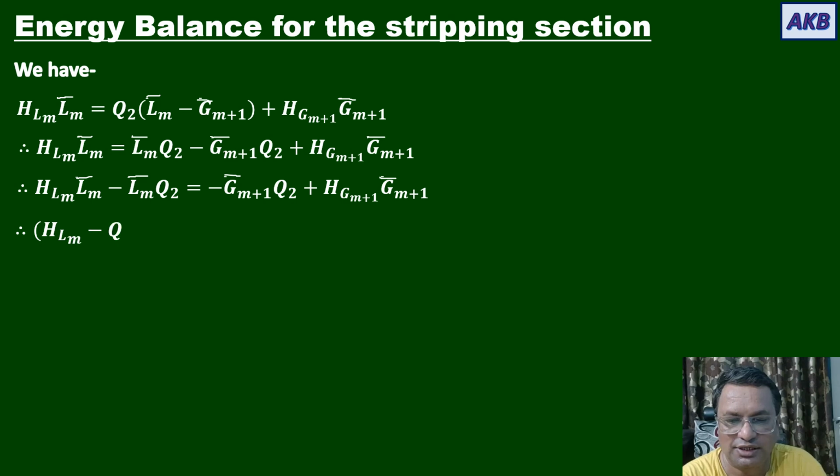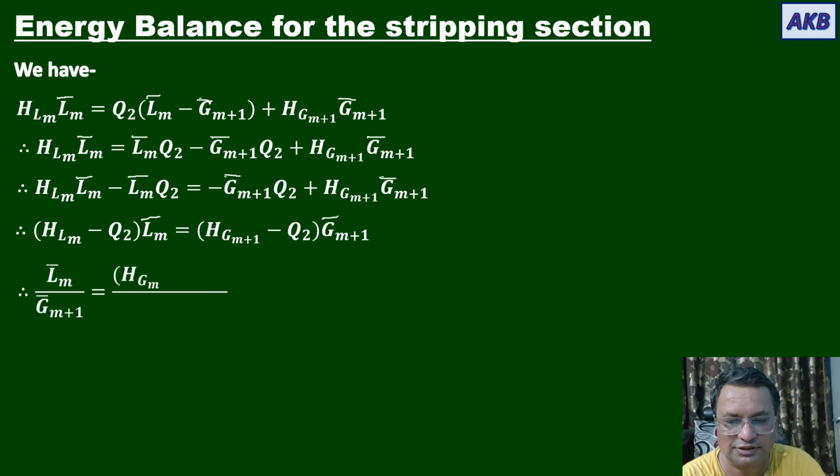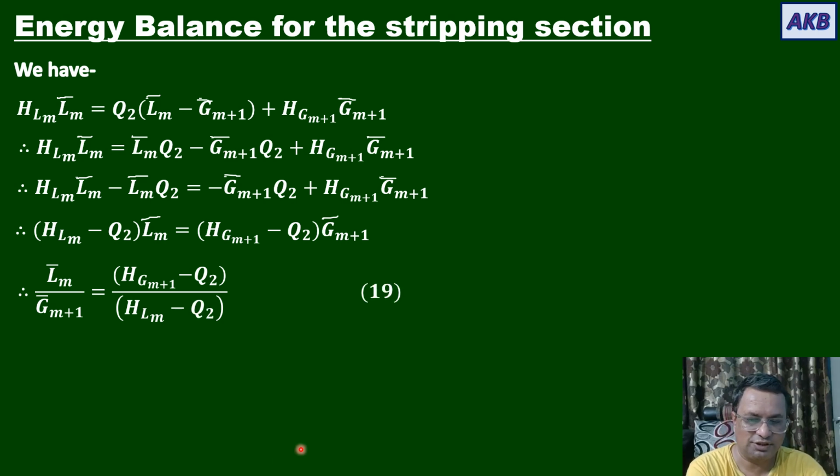So it will be HLM minus Q2 into L bar M, that is equal to HGM plus 1 minus Q2 into G bar M plus 1. Now you can rearrange this equation as L bar M upon G bar M plus 1, that is equal to HGM plus 1 minus Q2 divided by HLM minus Q2, and let me call this equation number 19. Okay, so G bar M plus 1 is brought on this side and then we get this equation.